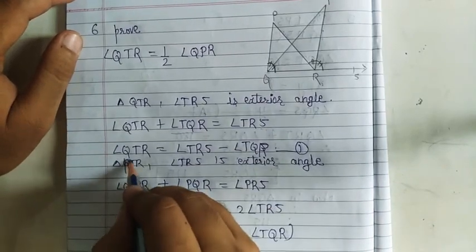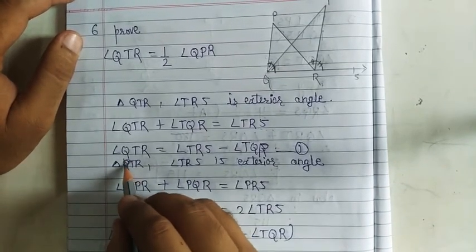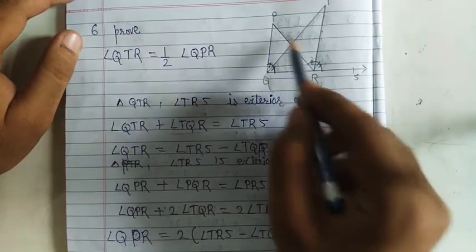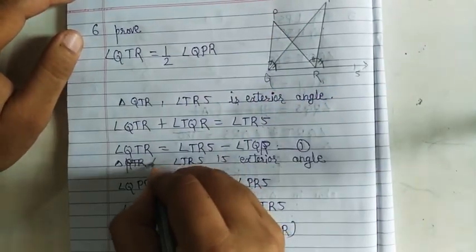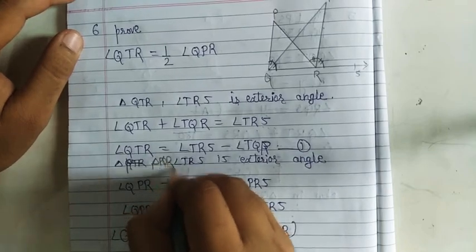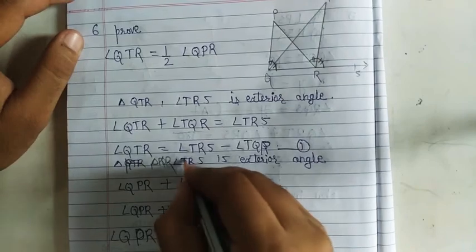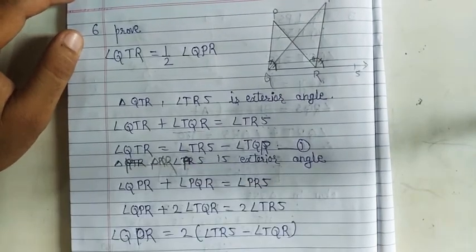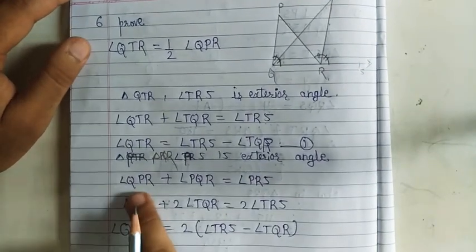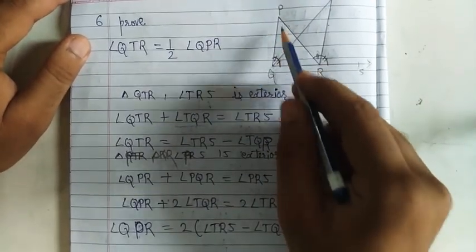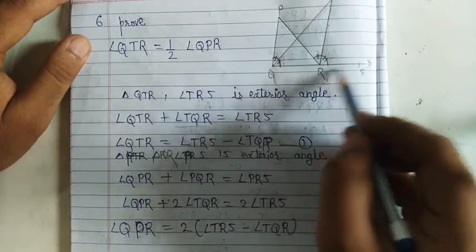In triangle PQR, if we consider triangle PQR, PRS is the exterior angle. Now QPR plus PQR, meaning these two angles, the addition of these two is equal to PRS.